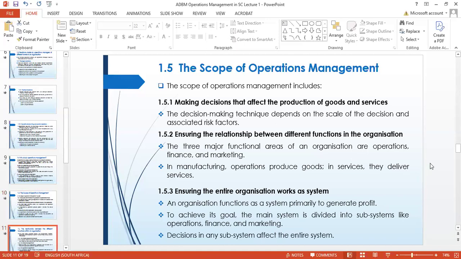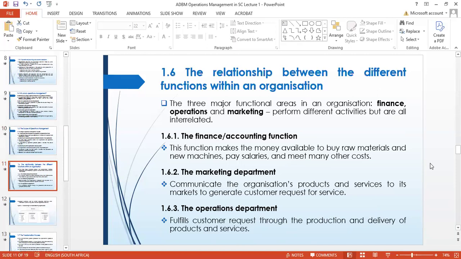And then we talked about the various departments or functions in an organization. Let's briefly look at the relationships between these functions or departments. You can call it a function or a department. The major three being finance, marketing, and operations.